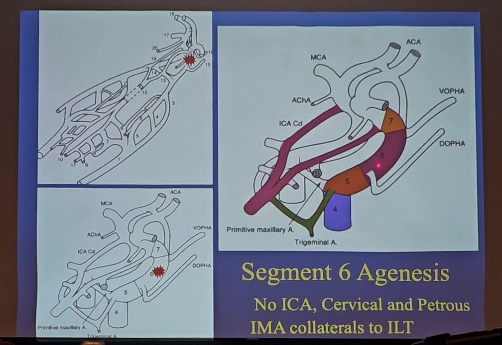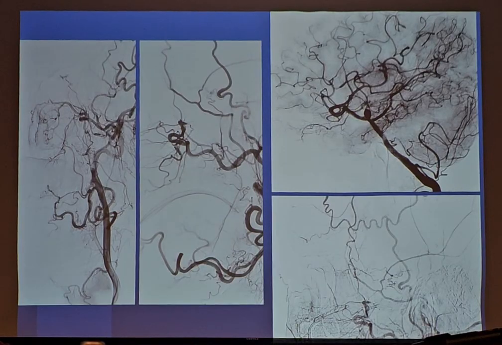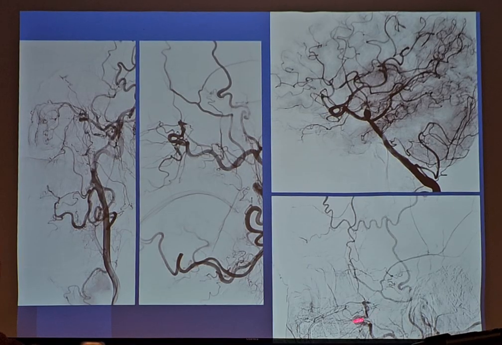This is where the sixth segment disappeared. Okay? The ophthalmic artery may come from distal collaterals, this is the PCOM, and retrograde filling of the ophthalmic artery this way. Okay? And the ophthalmic artery is filling from the distal segment. You actually don't need the ophthalmic artery at that level.